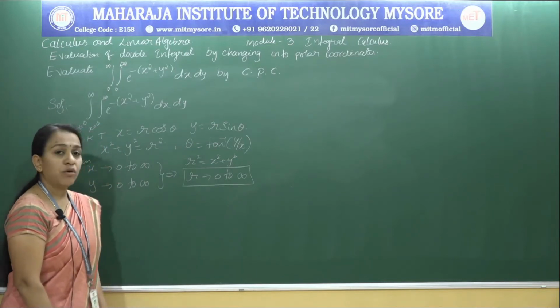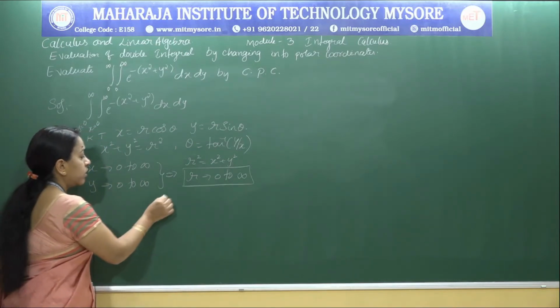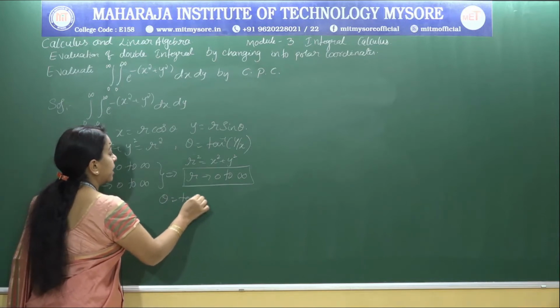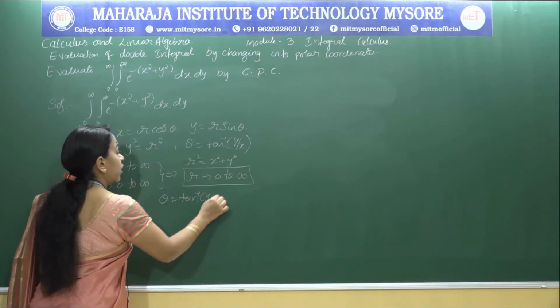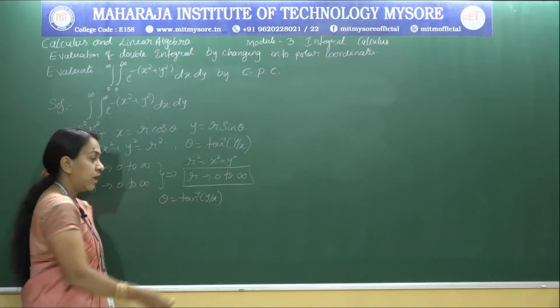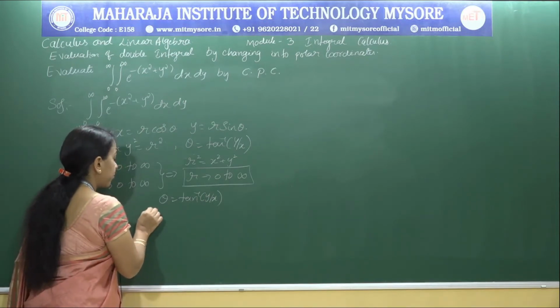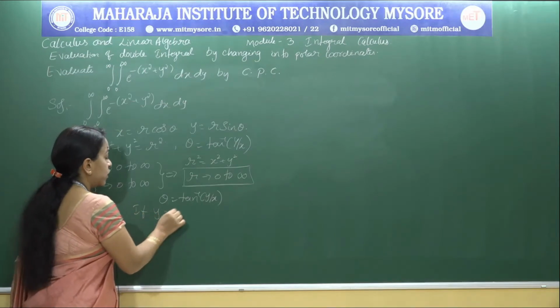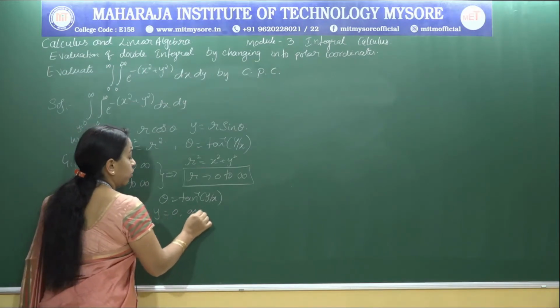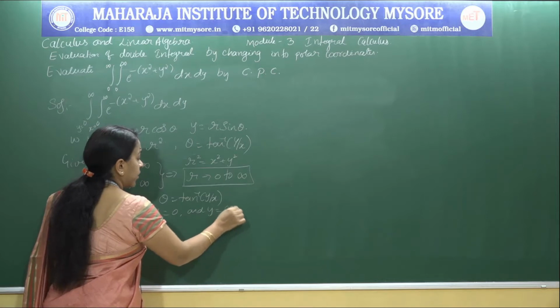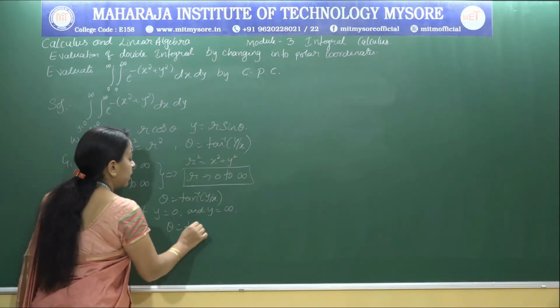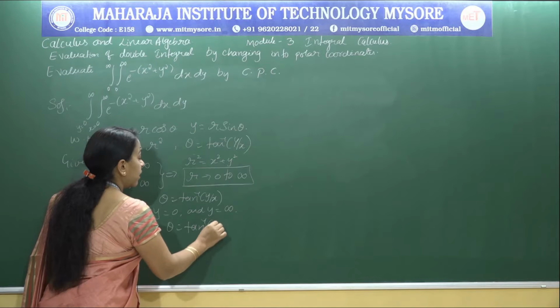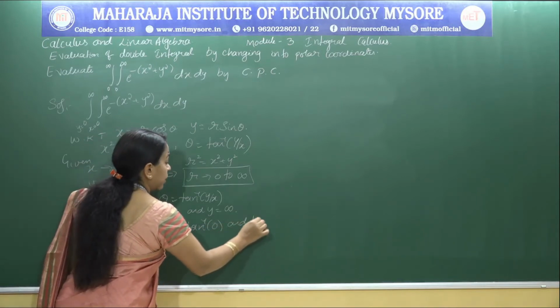Next, to get the limit of theta, we have theta equal to tan inverse y by x. So, if y equals 0, tan inverse 0 is 0, and if y equals infinity, we have theta equal to tan inverse of 0 and tan inverse infinity.